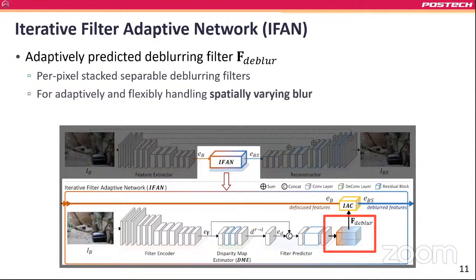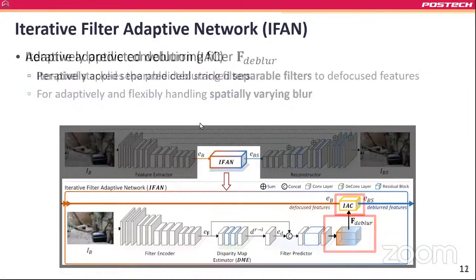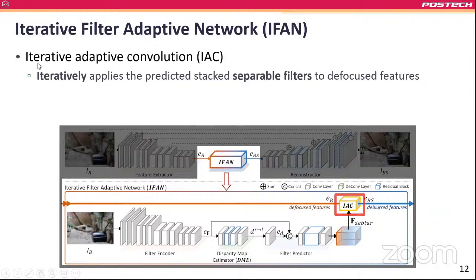Even though their shapes are similar, their size or scale varies depending on the depth from the camera at each pixel, right? So our predicted filter should be spatially varying. To handle this spatially varying filter, we use this iterative adaptive convolution.